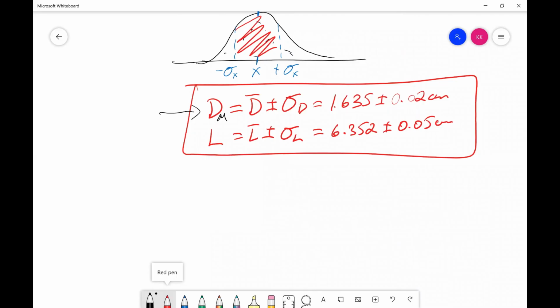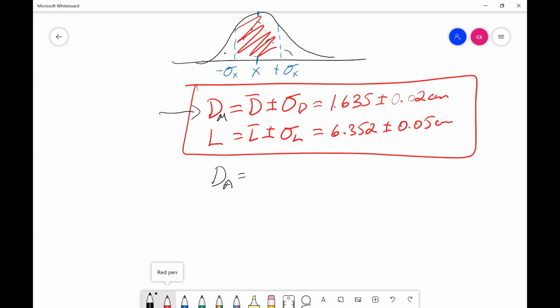But maybe when the department received those cylinders that we can use in the labs, we also had the diameter value from the manufacturer. So let's say I'm going to call this the accepted value. That means they measured the diameter as soon as they made it, and they sent me that information.